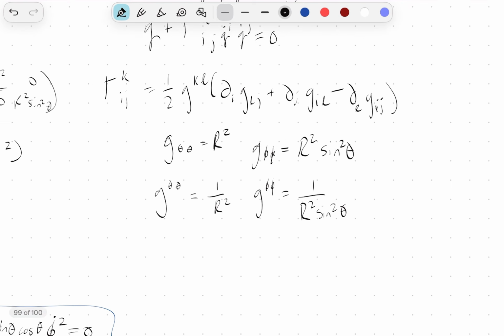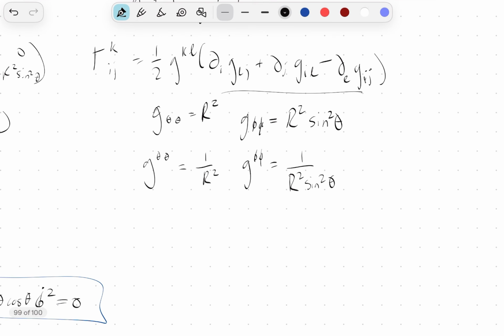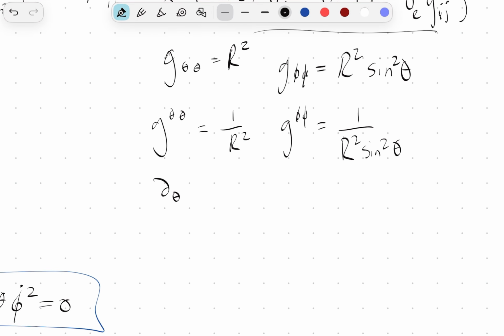And the only non-vanishing derivative that you will find when you put them through the Christoffel symbols is that you'll get the partial with respect to theta of g phi phi should be equal to r squared sine theta cosine theta. That's really the one that's not vanishing here.